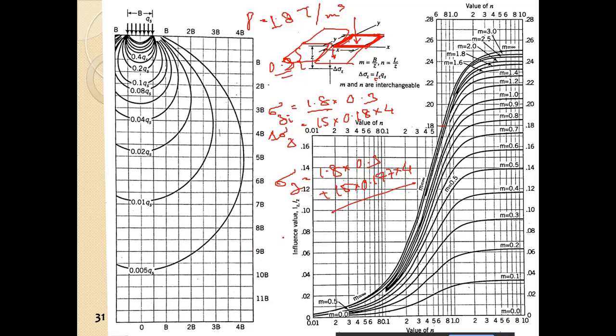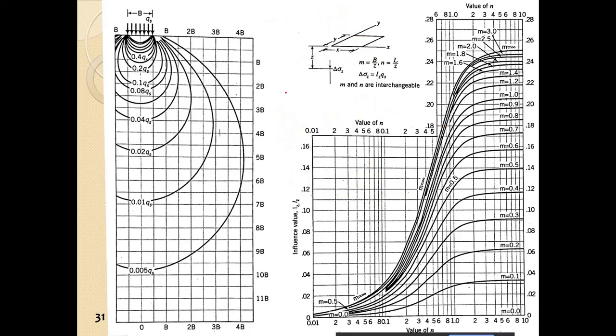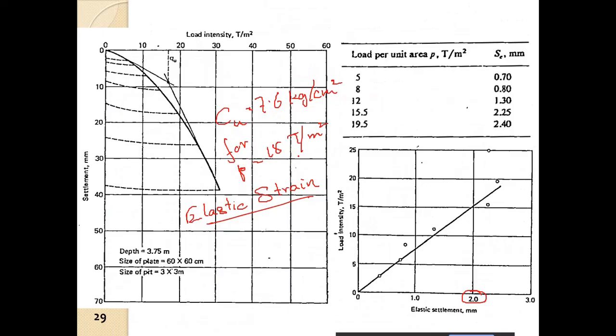The total stress at this point, sigma z, is equal to 11.16 tons per meter square.